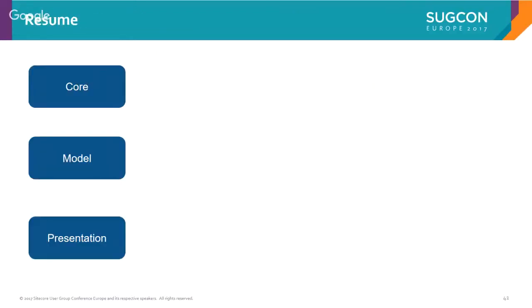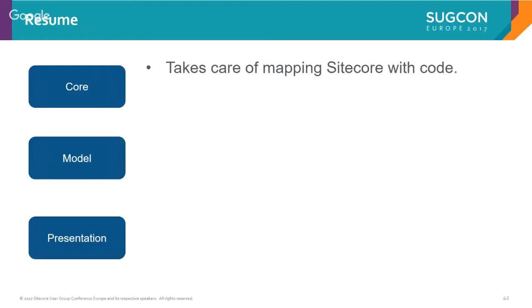So to wrap up, a quick resume of the framework: we had the core part, which takes care of doing all the mapping between Sitecore and code. And it provides us with common properties that we usually want access to: ID, URL, display name, stuff like that.